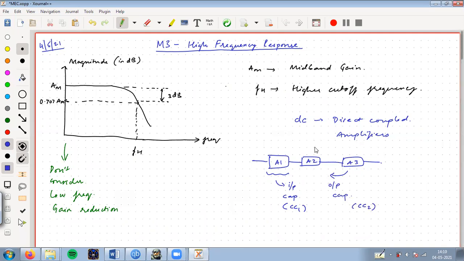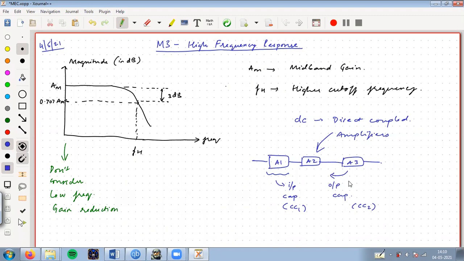This is actually a direct coupled amplifier. So we use multi-stage amplifiers here, which will provide input capacitance and output capacitance.